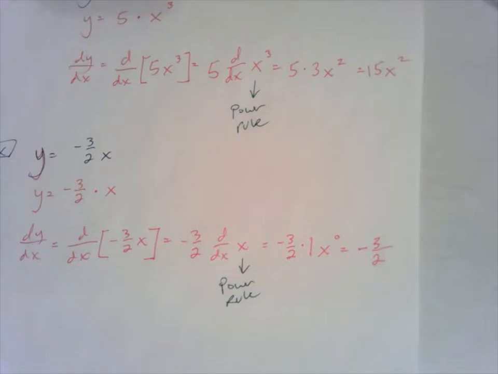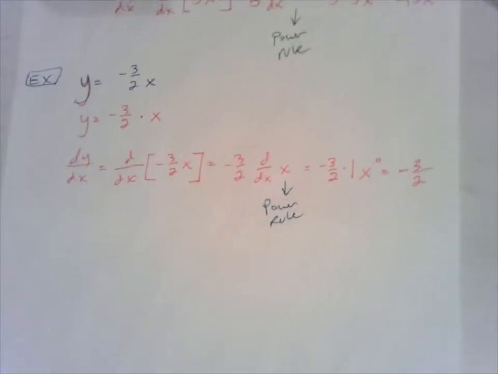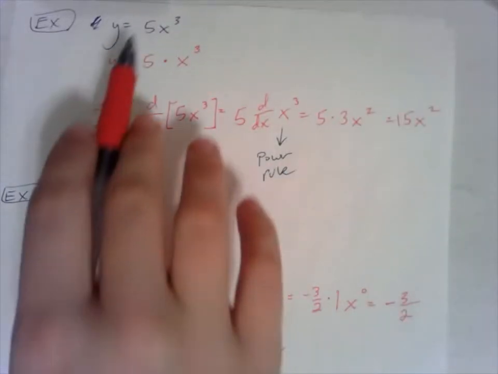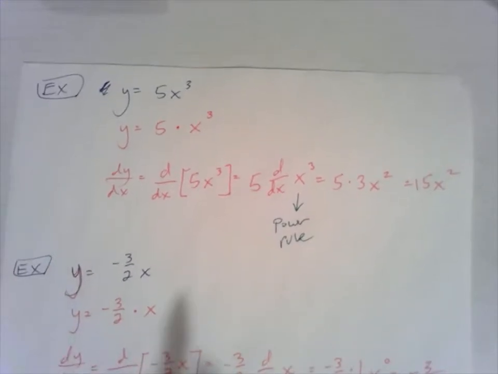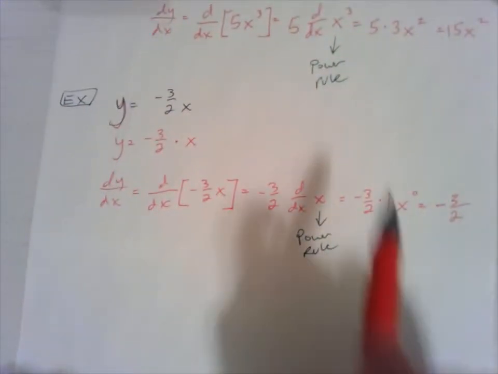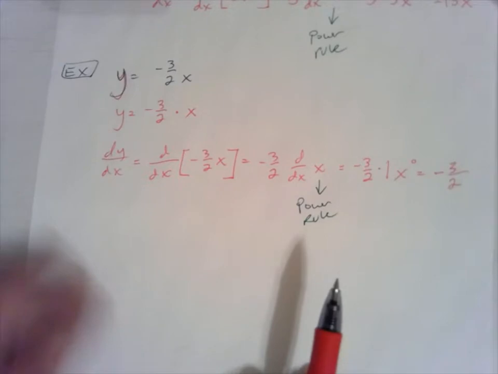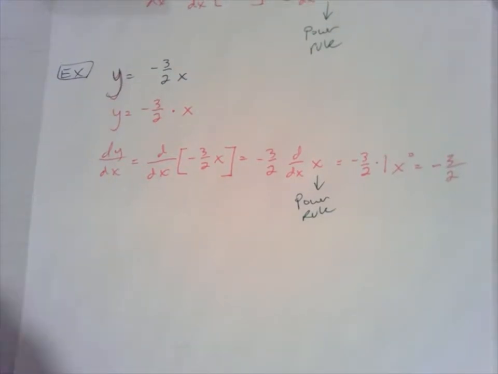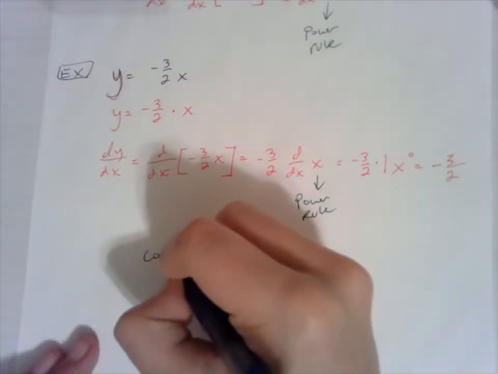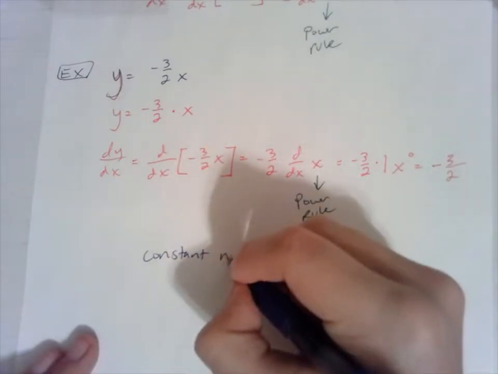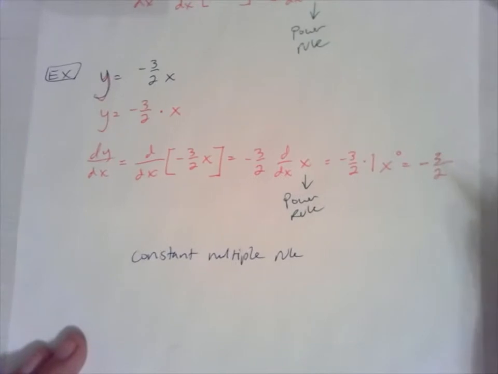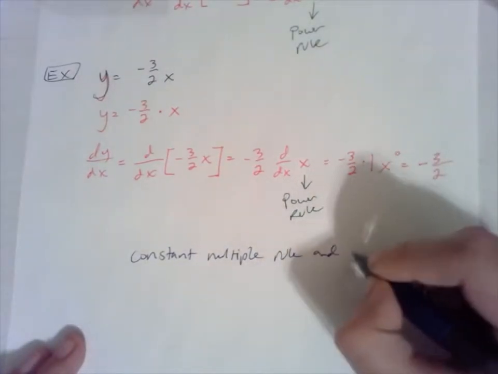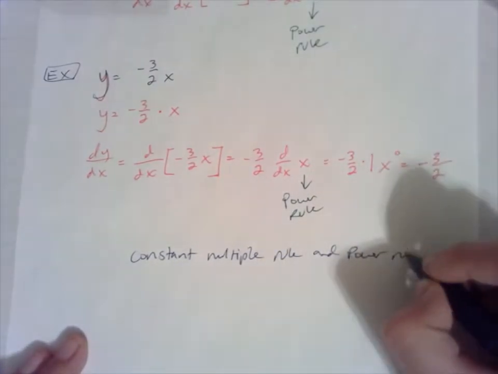Alright, and lastly, let's arrive at a rule here. You can see that every single time that we had the constant times the power, the constant times the variable, every time that happened, we had to use the power rule eventually. So what we can arrive at from this is that we can combine the constant multiple rule and the power rule.